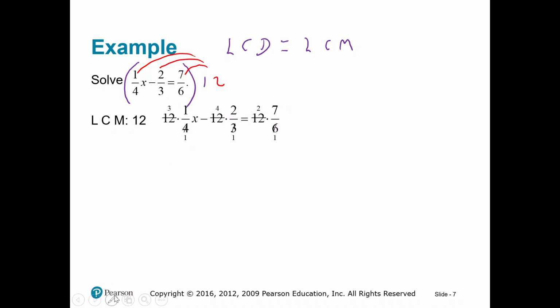And so 12 times the 1/4 x will be 3x. 12 times 2/3, that is 12 divided by 3, which is 4. 4 times 2, which is 8. 12 times 7/6, that is 12 divided by 6, which is 2. And then 2 times 7, which is 14.